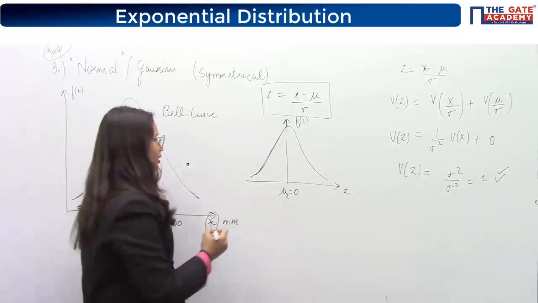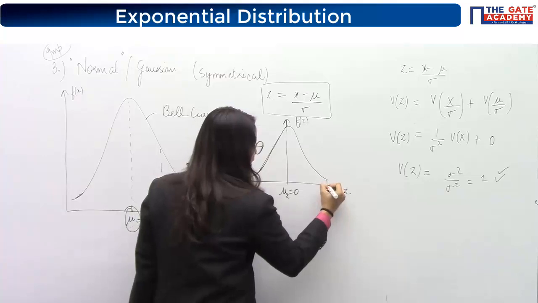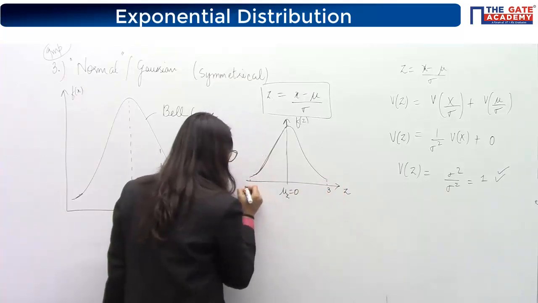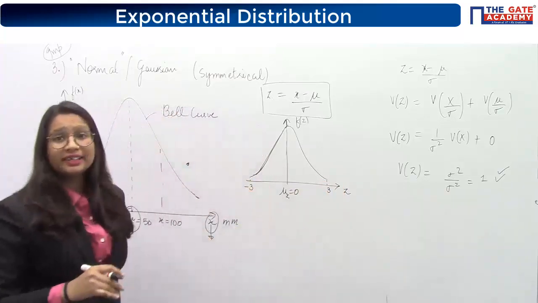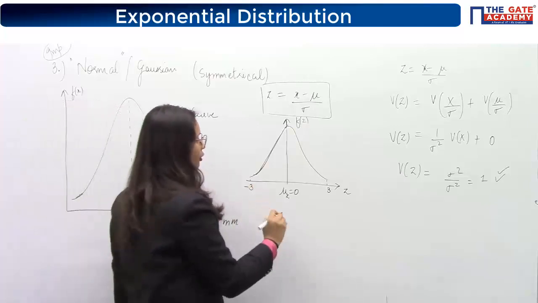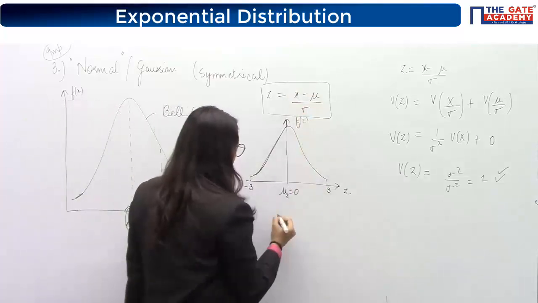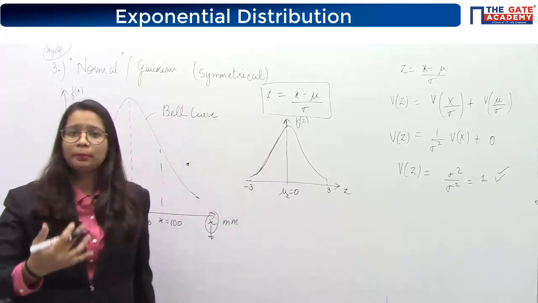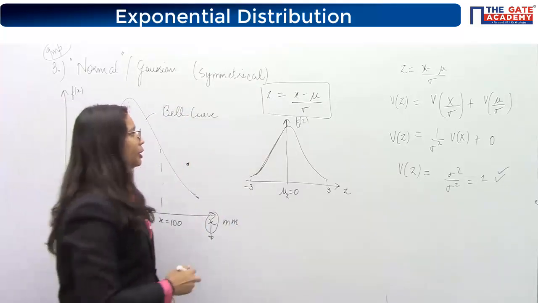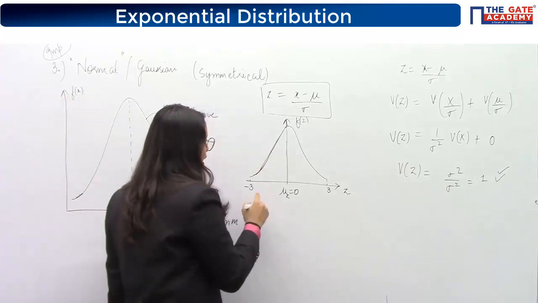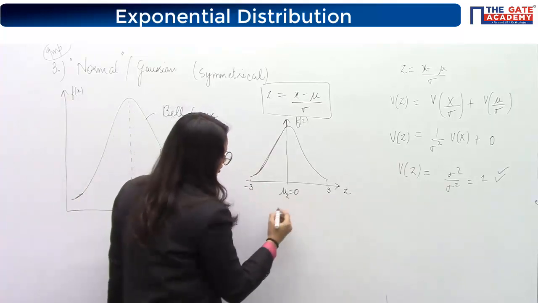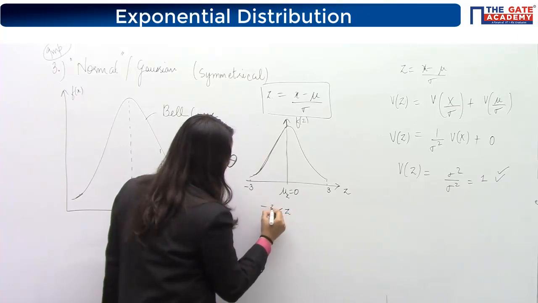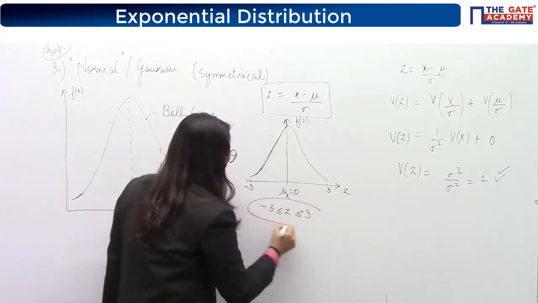And it will follow such that this value will come out to be 3 and this value will come out to be minus 3 always. If you substitute any value of x here, it may be the number of students or the amount of rainfall, temperature, anything, because it's a standard normal curve, this value will be minus 3 and plus 3 only. So this z lies in between minus 3 and plus 3.